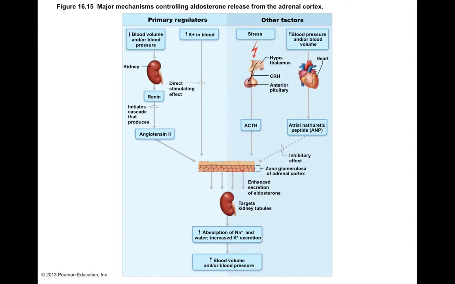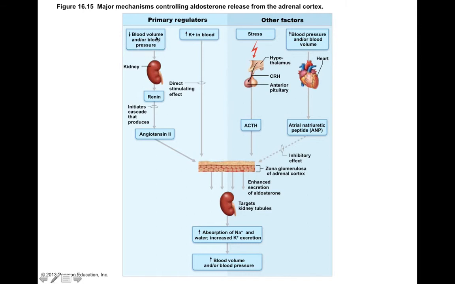Now, what we see here are some of the methods by which aldosterone is stimulated to be released, we'll have primary regulators and other factors as well. For the primary regulators, aldosterone is stimulated in response to low blood volume or blood pressure.